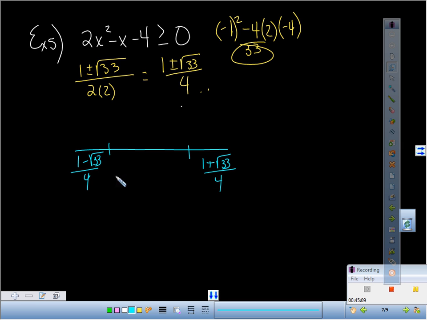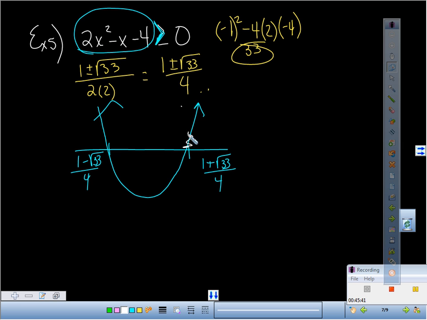I draw my parabola. How does it open? Look what your equation says. I want the part of the parabola that's greater than or equal to 0. What part is that, guys? It's the tails. Where are the x's that give me the tails? On the outside. Do they include those points?